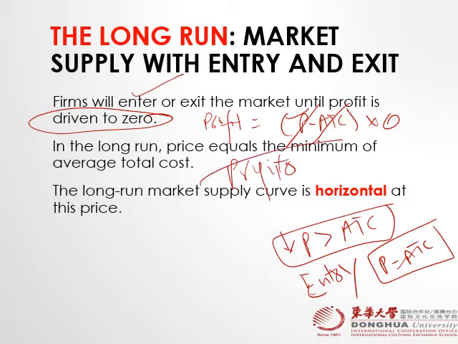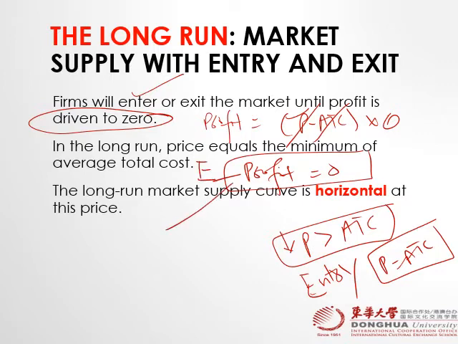But some students are confused with the zero profit. Then why is the firm still producing and supplying goods? Remember, this profit is called economic profit, and this economic profit includes explicit cost and implicit cost, right?